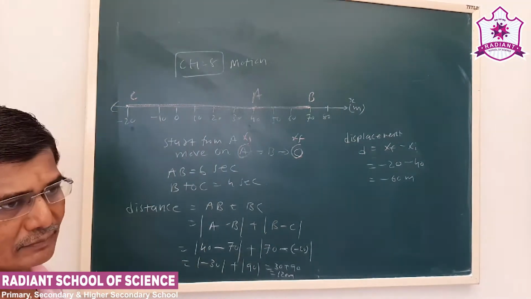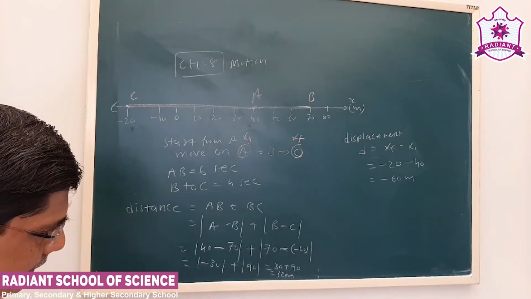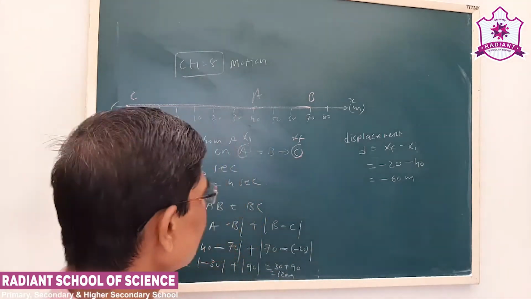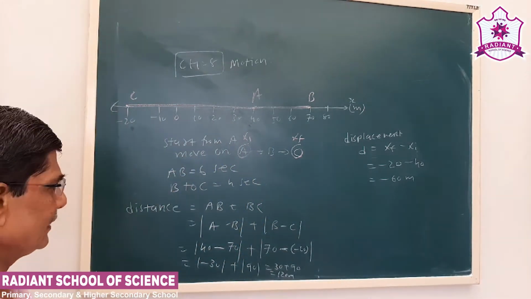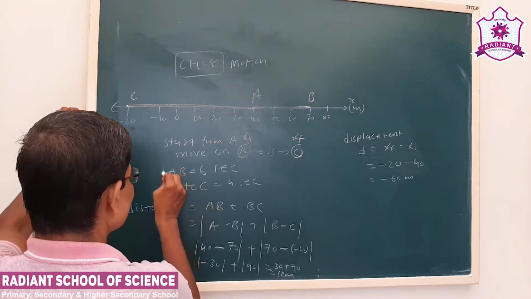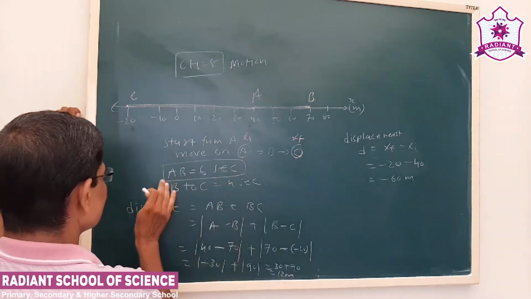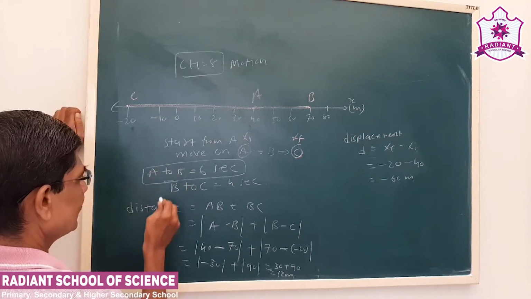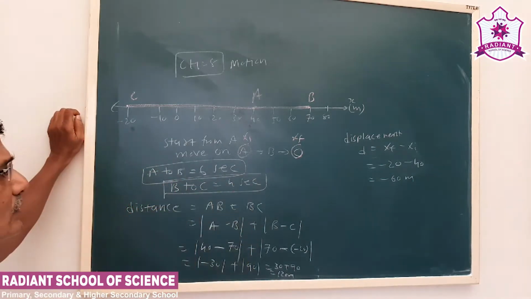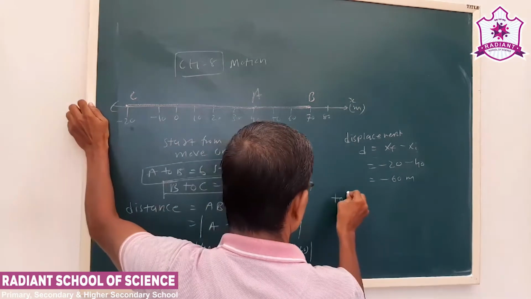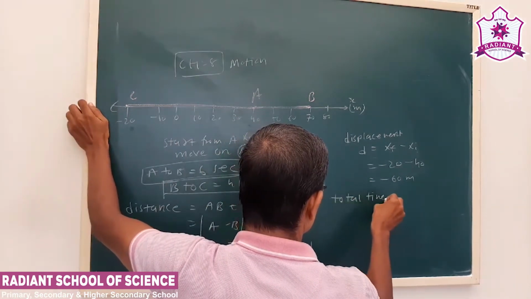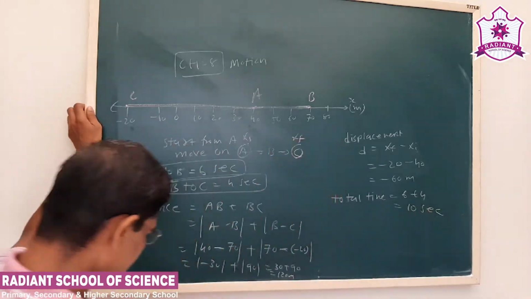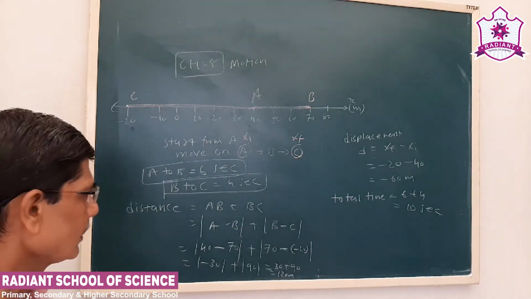Now we have obtained distance and displacement. See, the total time: A to B is 6 seconds, B to C is 4 seconds, so the total time is 10 seconds.